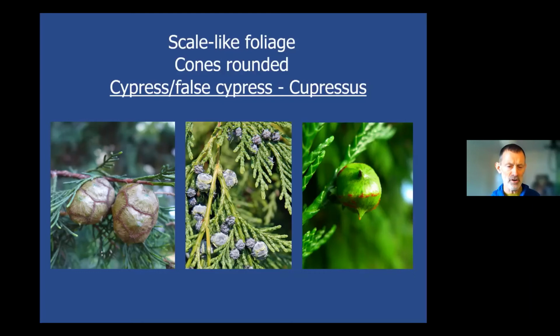So have a look at those cones and look for any surface features, because that can help. Generally, if the cones are bigger than 1 centimetre, you're looking at what have always been the cypresses or the Cupressus. If they're less, generally it's the false cypresses, or what used to be Chamaecyparis or Xanthocyparis, and those are on the right.